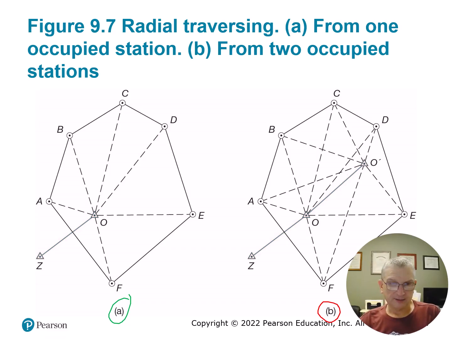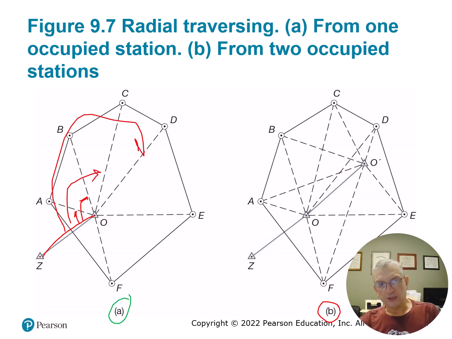So basically they're saying you set on O, you take a backsight on Z, and you turn an angular distance to A, then to B, then to C, D, etc. And you can compute coordinates on A, B, C, D, E, and F from O with a backsight on something to establish a direction.